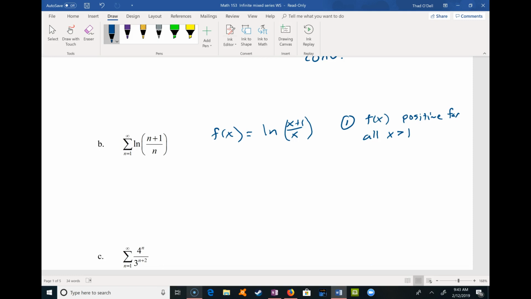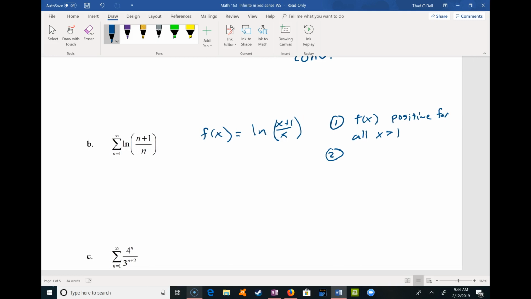So then number 2, we need to show that it is decreasing. And so we could take the derivative.